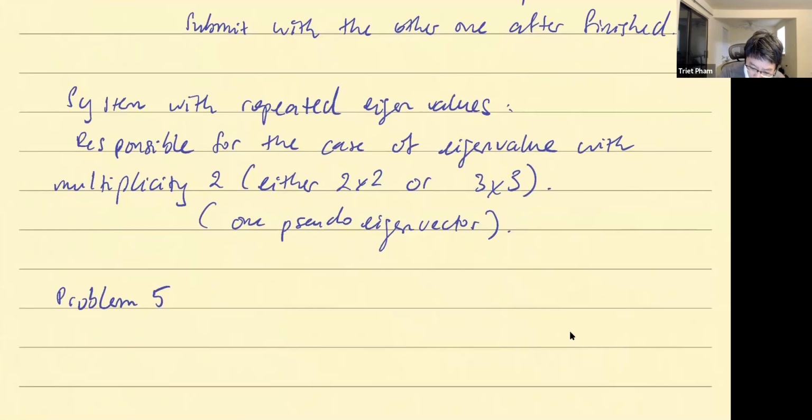Problem 5: y prime equals the matrix minus 3, 0, 1, minus 3 times y. I think the most common question is that the form of the solution I present doesn't match the book, and also how to deal with the initial condition. So I want to address that.